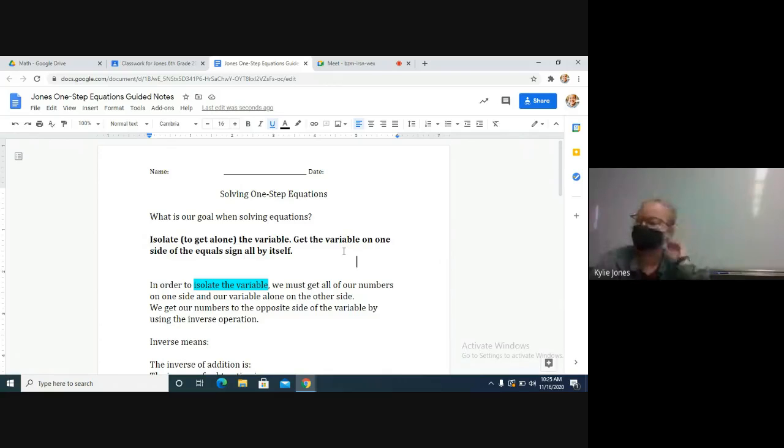Yeah, the underline thing, you can unclick the underline button. Underneath the first question, what is our goal when solving equations? Okay, so I'm going to give you a second to type that out.